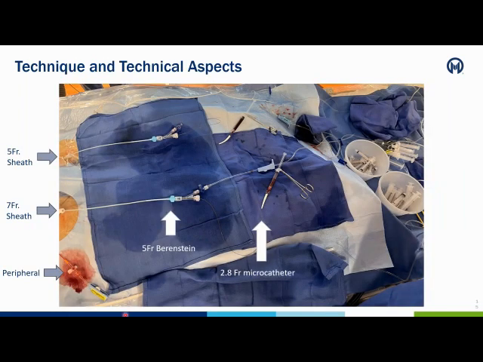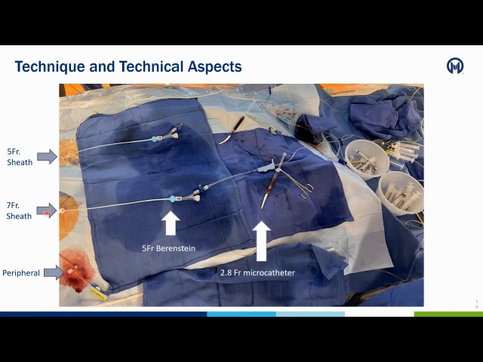So just to give you an overview of how this is performed, there are different nuances and ways this procedure can be done. We have the preference of obtaining bilateral femoral vein access. We rarely use arterial access for the procedure, only in extremely challenging cases.